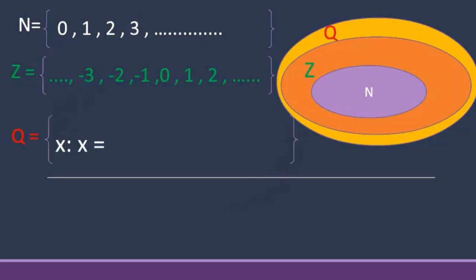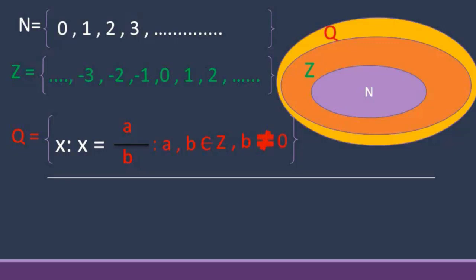The rational numbers are x, such that x equals a over b, where a and b belong to the integer numbers and b is not equal to 0.